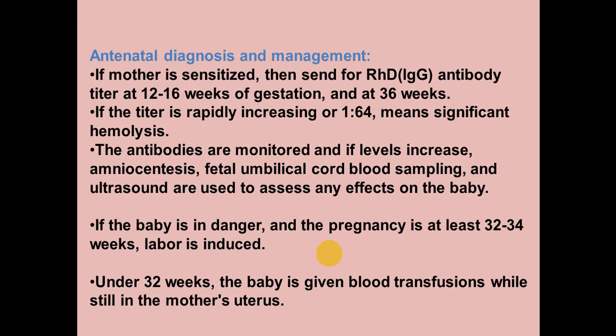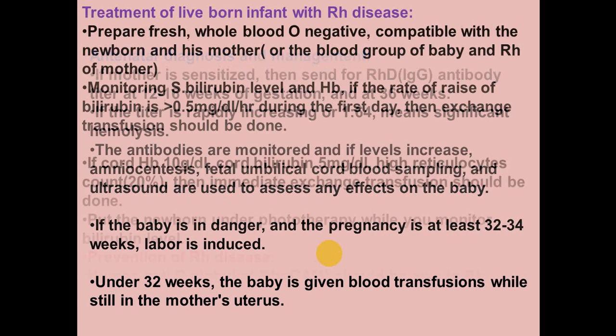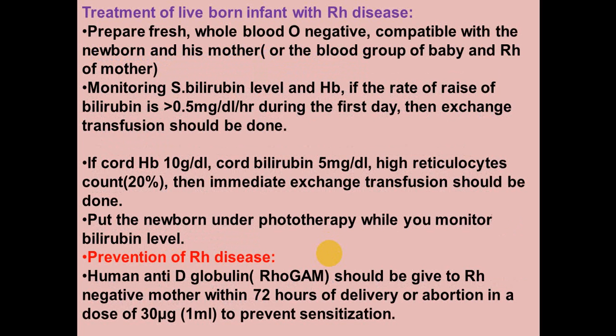The antenatal diagnosis and management is the gynecological concern. And the treatment of the live-born infant with RH disease, how do we approach the management of a neonate with RH isoimmunization? First of all, after we did the investigations that we just mentioned, we should prefer fresh whole blood.